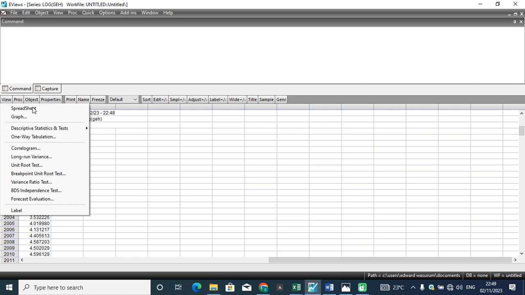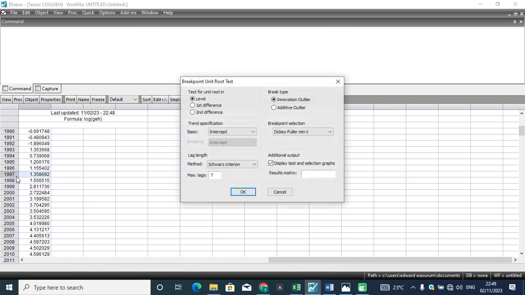We have spreadsheet, graph, descriptive statistics, one-way tabulation, long-run variance, unit root test, breakpoint unit root test, variance ratio, BDS independence test, and so on. But our attention will be on the breakpoint unit root test. If you hit on this, you'll be exposed to the breakpoint unit root test estimation box that appears like this.